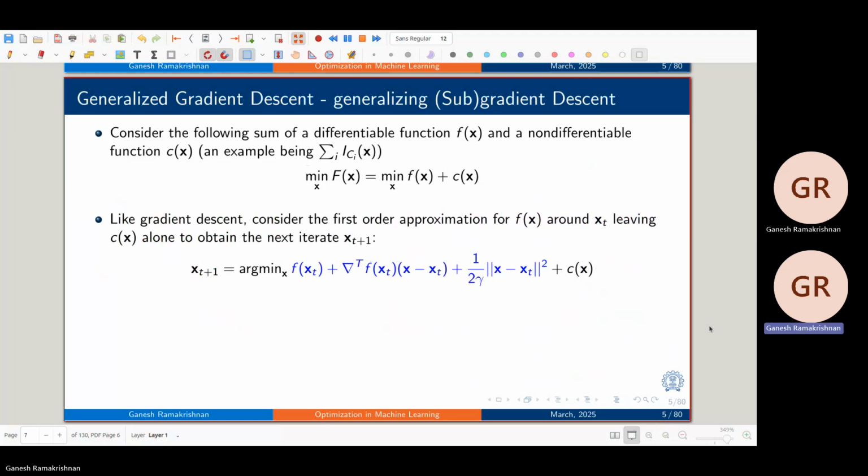So this is my intuitive alternative. Let me write it down. You can write this expression down.